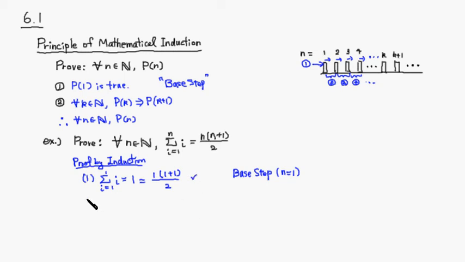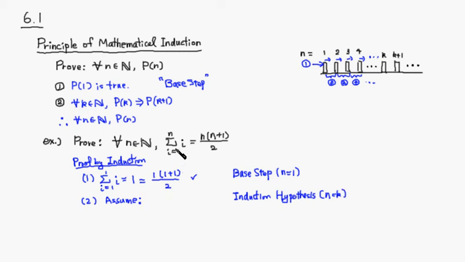Then the second step is called the induction hypothesis. We're going to assume that when n equals k, the formula is valid. We don't have to verify anything; this is just an assumption.